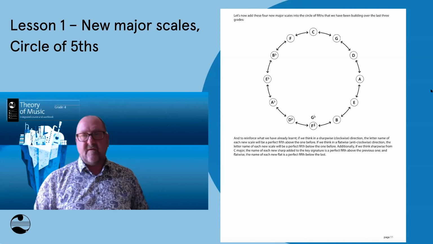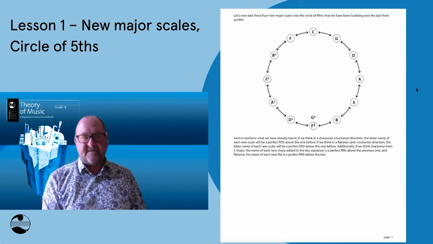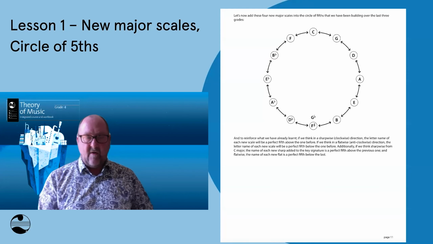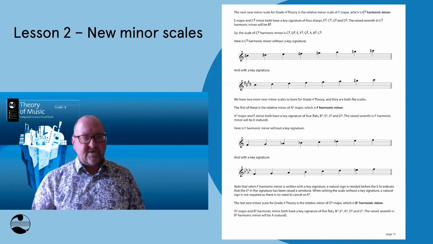So I think it's very important for kids to really wrap their heads around the circle of fifths and understand how everything leads. Now, we can move on to lesson 2, the new minor scales.